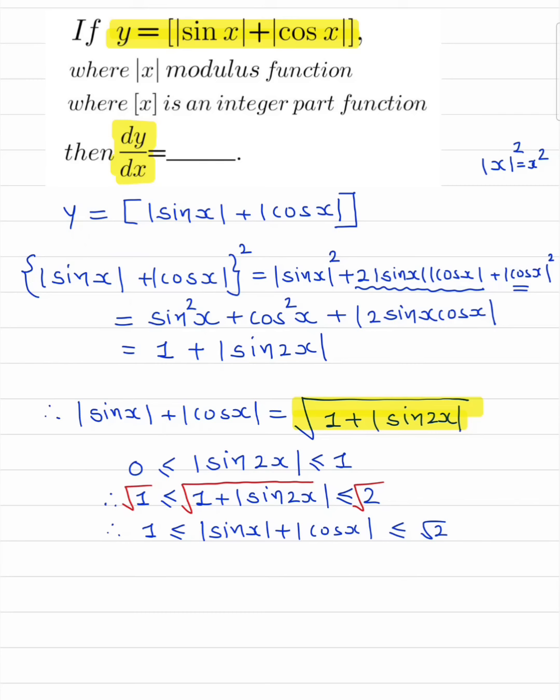Root 2 is nothing but 1.41. So mod sin x plus mod cos x belongs to 1 to 1.41.